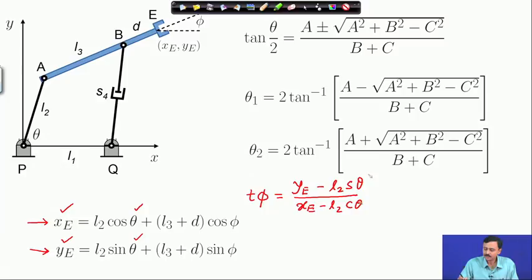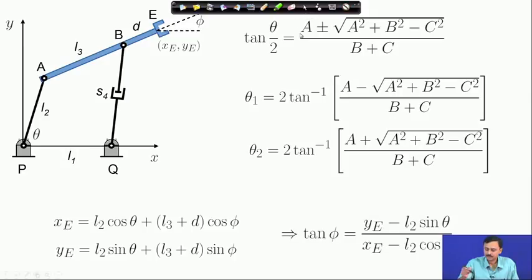Now, since I know theta and know x e and y e, I can calculate phi. So, formally, this is the expression for tan phi. From here I can solve for phi again using the A tan 2 function, because I need to get the quadrant right.